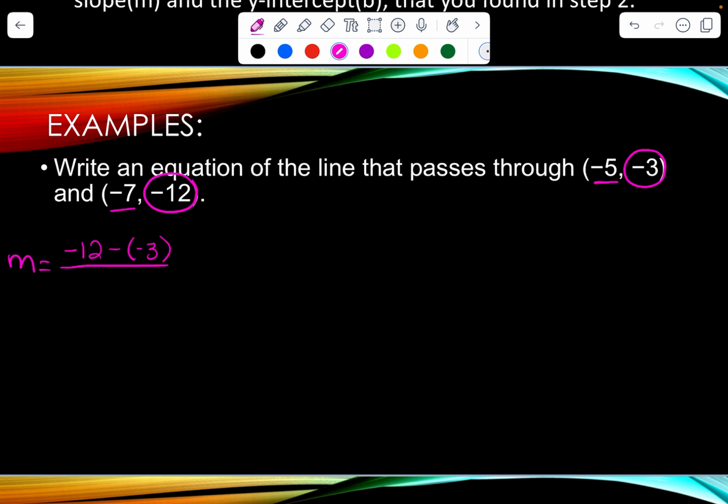So y minus y, since I started with the negative 12, I'm going to use the negative 7. So now negative 12 plus 3 would get me negative 9. Negative 7 plus 5 would get me negative 2. Negative divided by a negative is 9 halves.